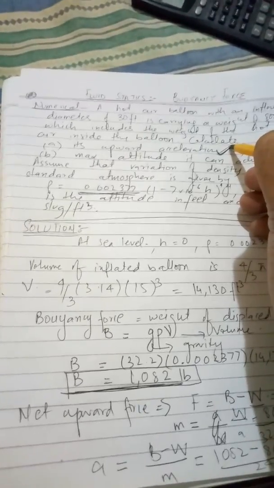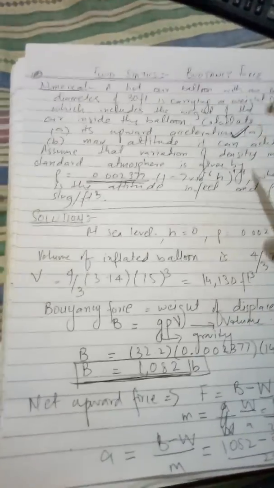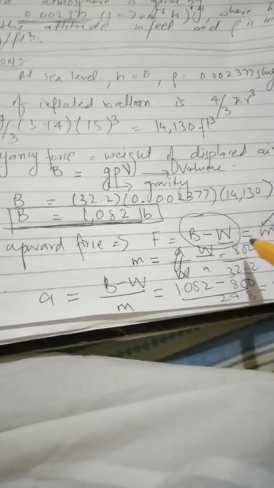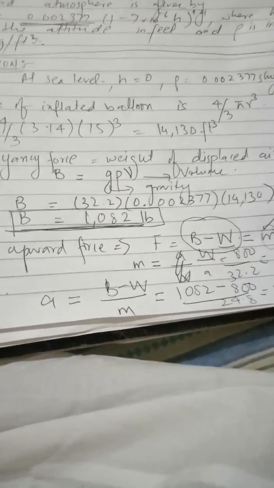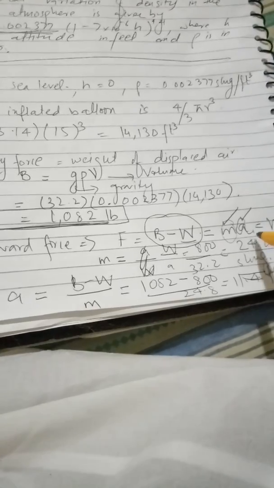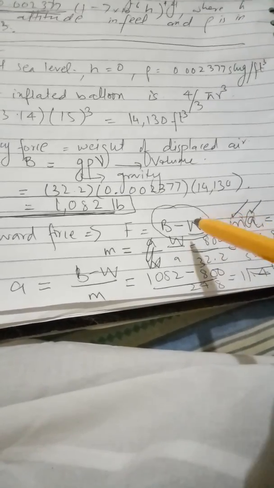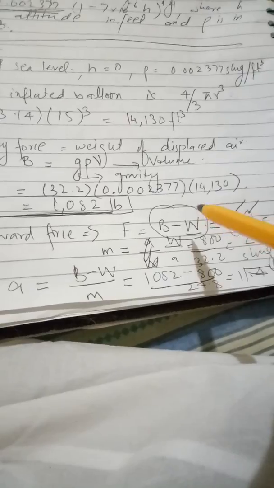The upward acceleration is due to the net upward force created by the buoyancy force, which is B minus W. First you calculate the mass from Newton's second law, and then you apply the same equation for the net upward force to calculate the upward acceleration.